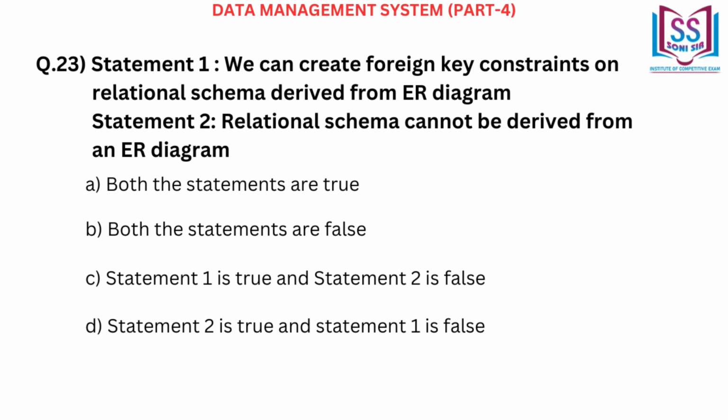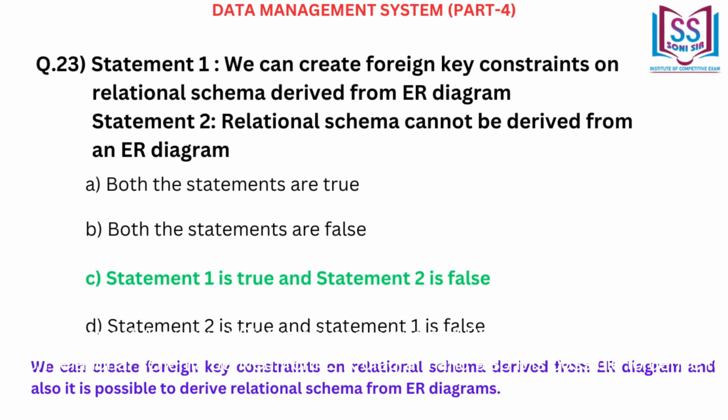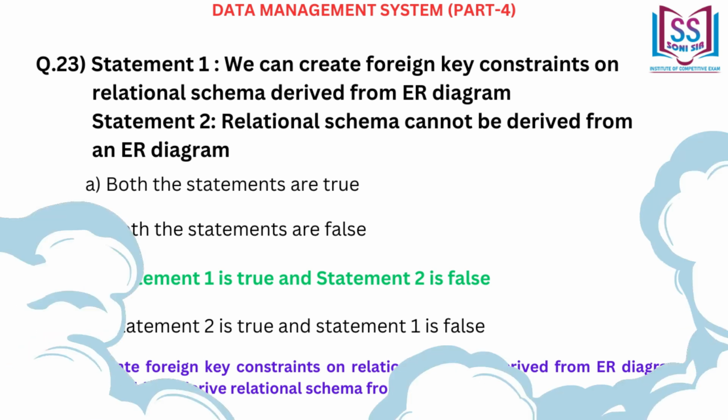D. Statement 2 is true and statement 1 is false. Correct answer C. We can create foreign key constraints on relational schema derived from ER diagram, and it is also possible to derive relational schema from ER diagrams.